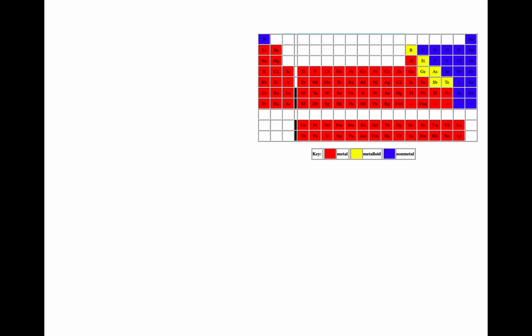Metals, nonmetals. If we look at the periodic table, much of the periodic table, the elements are metals. Those are shown here in red. The left-hand side of the periodic table, predominantly metals. The right-hand side, nonmetals. When these become ions, the metals typically become cations, and the nonmetals, anions.